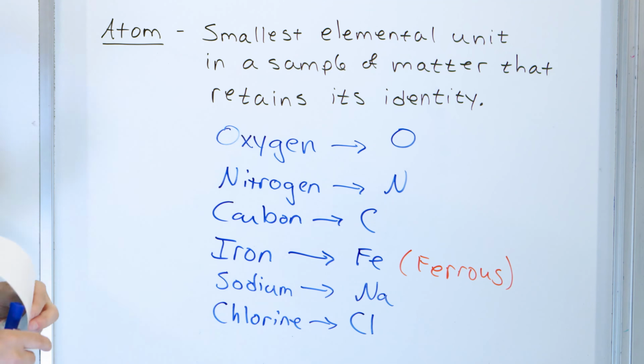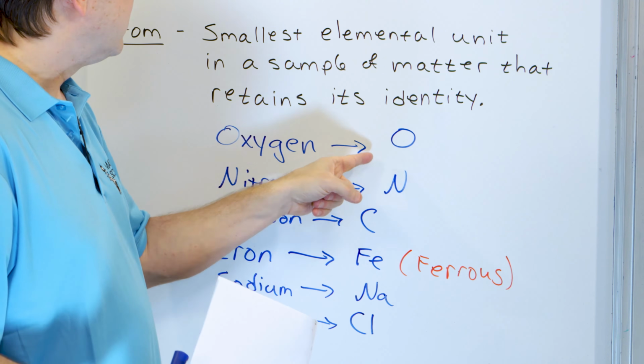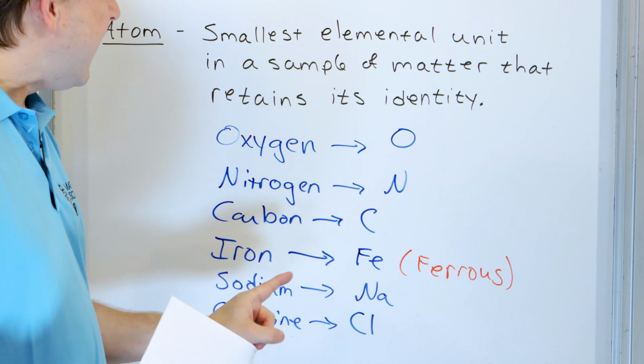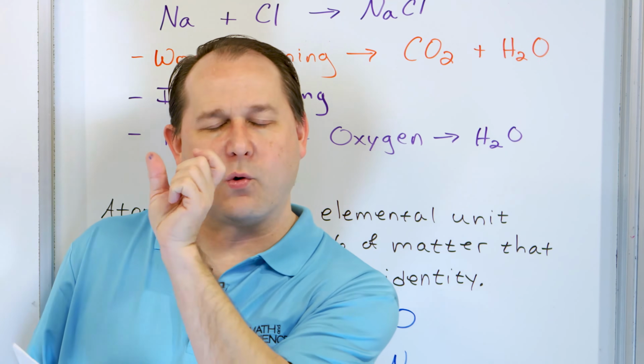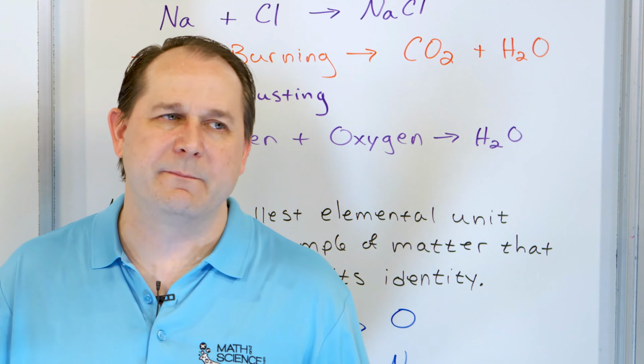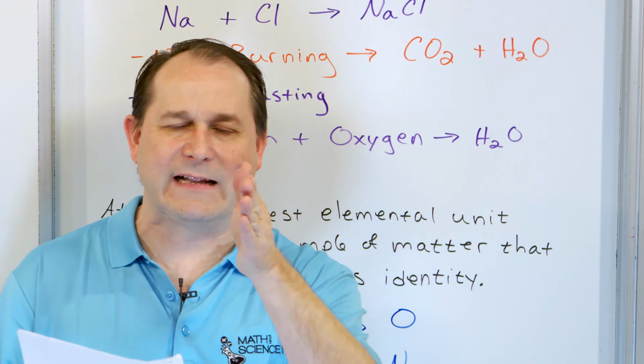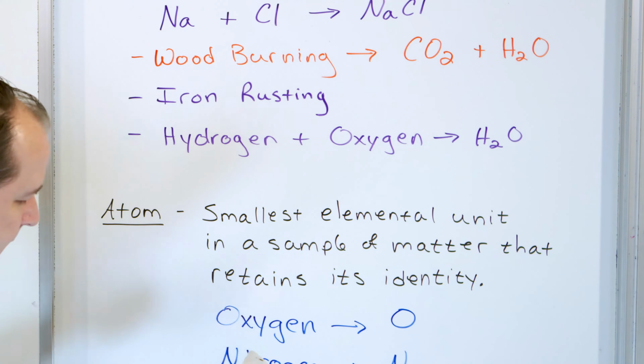So basically the elements on the periodic table are represented by a symbol, either a single letter or two letters, and sometimes the two letters correspond to the word, and sometimes the two letters come from Latin. So you're just going to have to eventually, through working with it, remember the ones that don't exactly match the word that they come from.